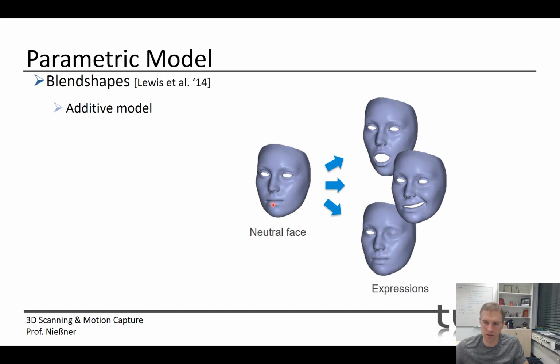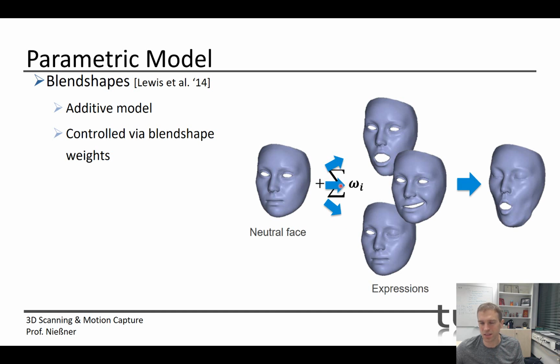That's given by your shape, right? So it's basically given by the Blanz and Vetter morphable model, or whatever people have been using. And then the idea is that from this neutral face, you are adding offset vectors in order to get the expression, and these are controlled via blend shape weights, right?